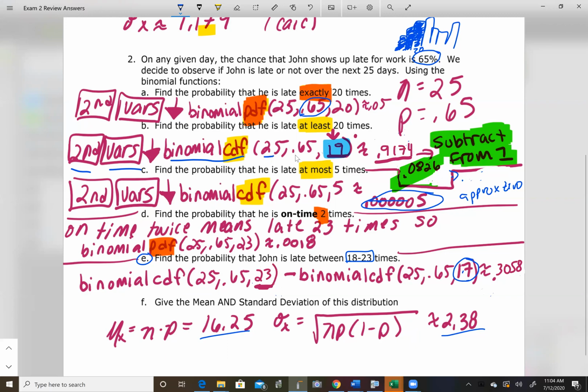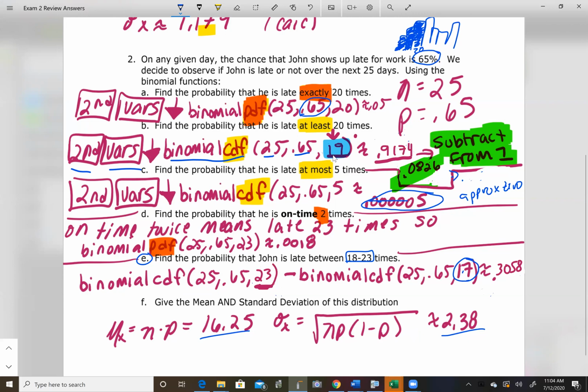25 stays the same, 65% stays the same, 0.65, but we put 19 here because that's what we want to add up. What this calculator is going to give us back is the sum of all of the white columns that you would find looking at that histogram.